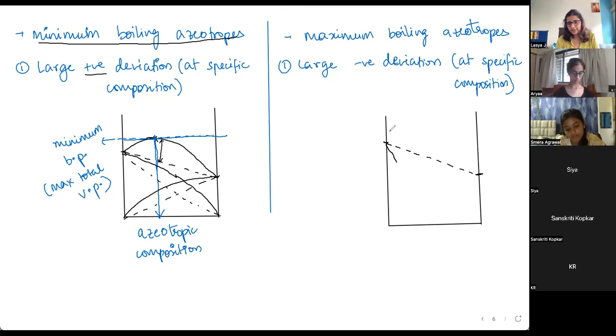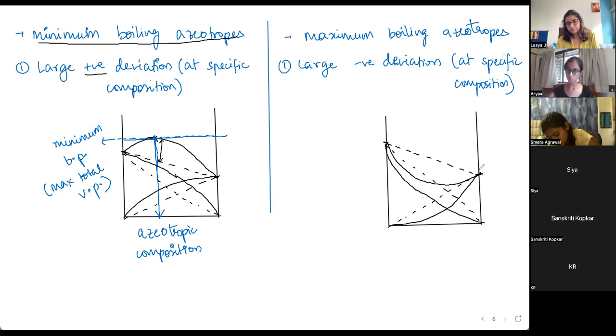If you have a large negative deviation, the total curve's lowest point is where the vapor pressure is minimum.